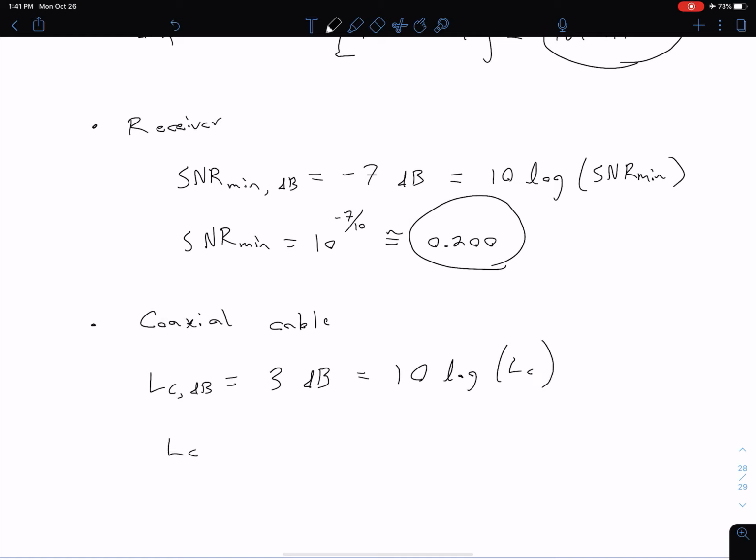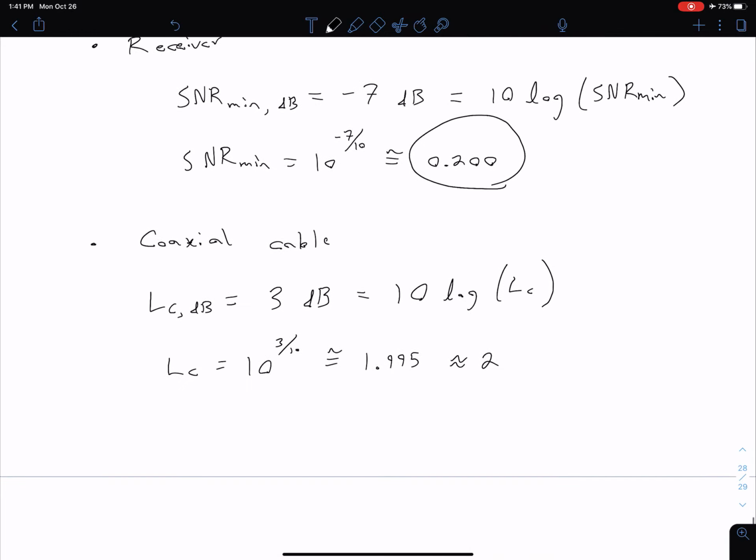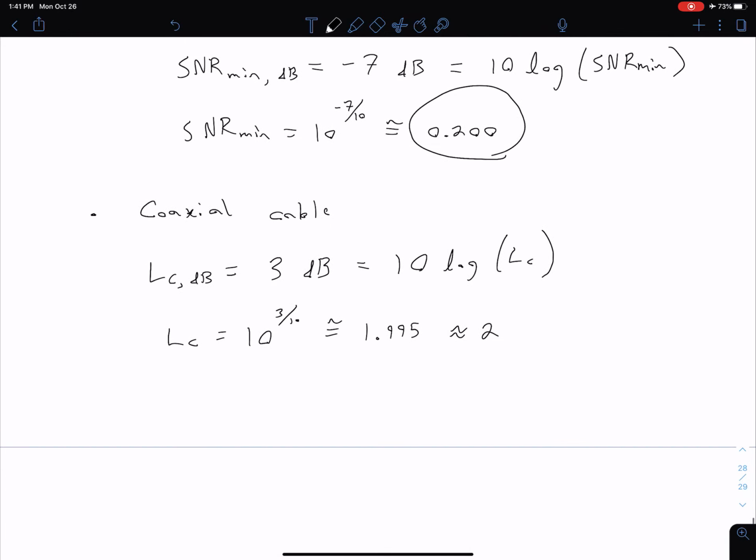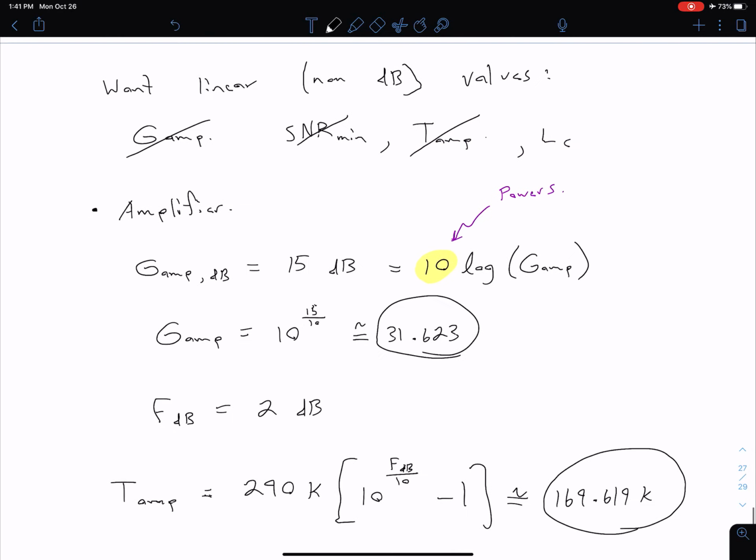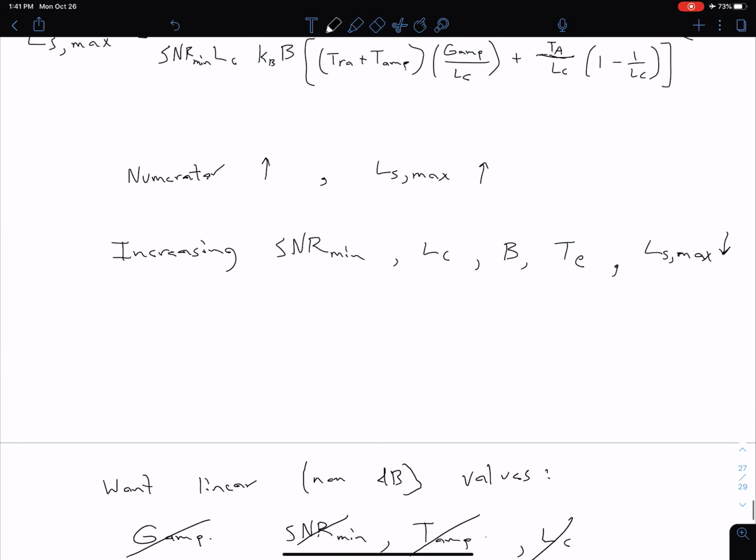So we can say our linear LC is equal to 10 to the power of 3 over 10, which is approximately equal to 1.995. And so let's make this a little simpler and just call that 2. Okay, so now that we have all of these, we're ready to go back and plug into our equation 4.